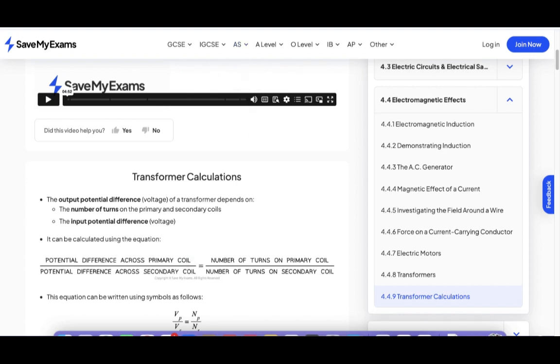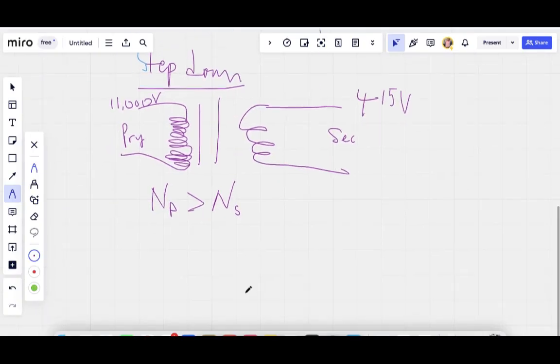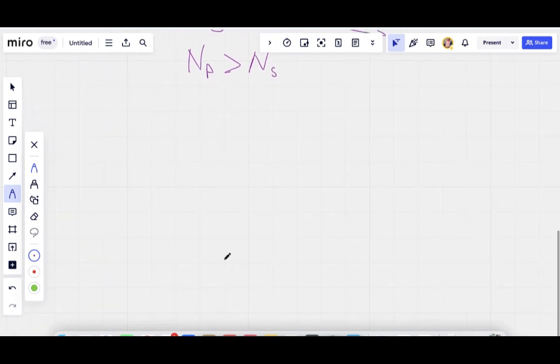So on that note, we designate our formula. The popular formula for calculations in a transformer is simply given as NP over NS. We have two equations for a transformer. You can start with V or N, anyone.